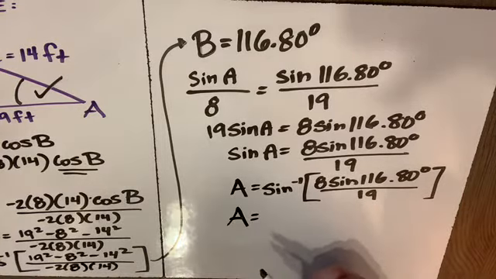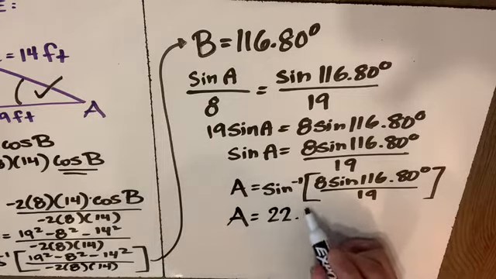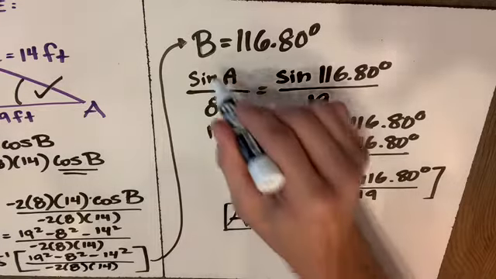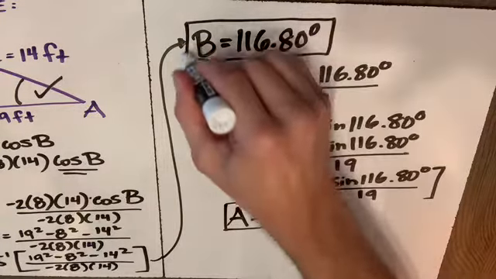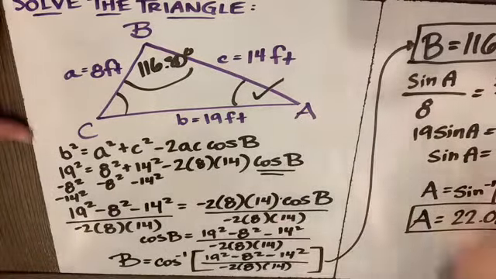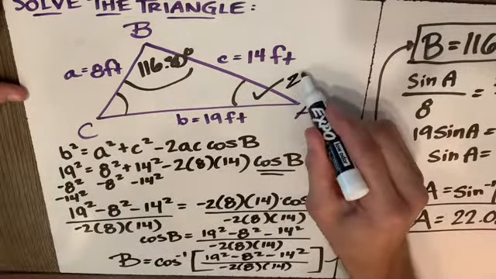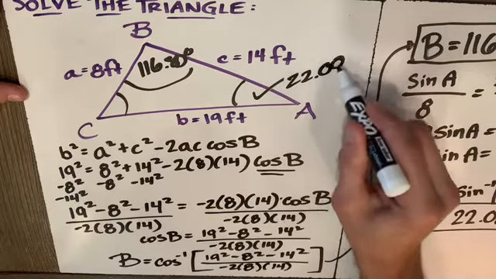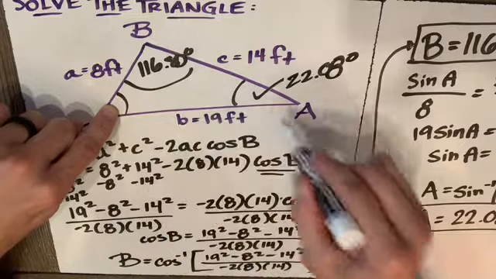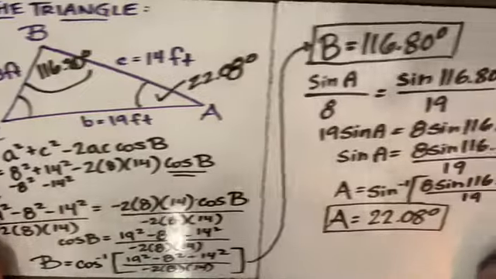And when you do this, you're going to get about 22.08 degrees. So we've got two answers there, right? We found 116.80, and then we just found this one here was 22.08 degrees. And of course, the sum of the interior angles of the triangle add up to 180.